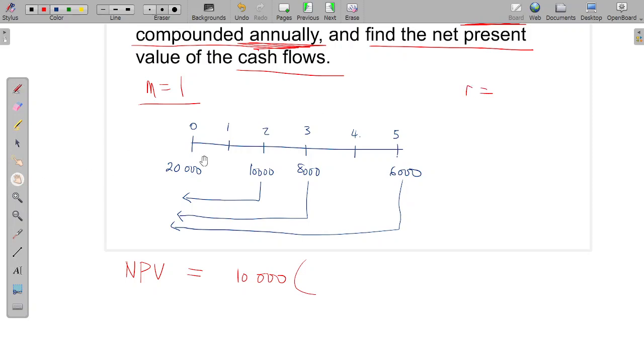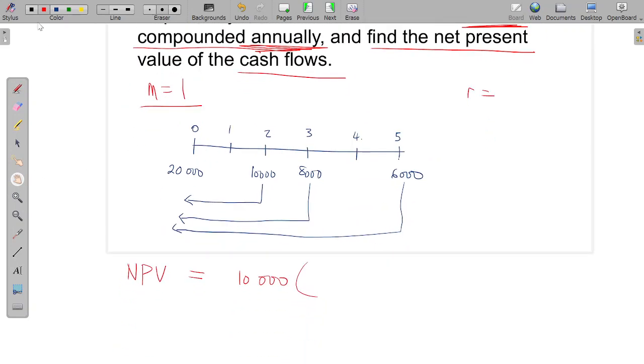R is what now? 7%. Our R is 7%. That will give us 7 over 100, which is 0.07. So this is 1.07 raised to power negative 2.